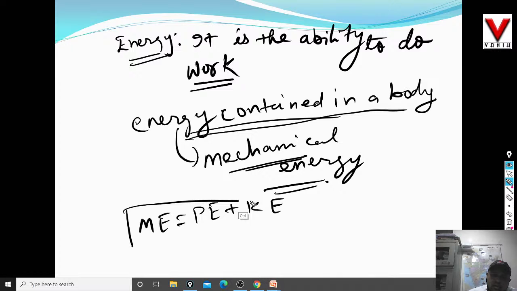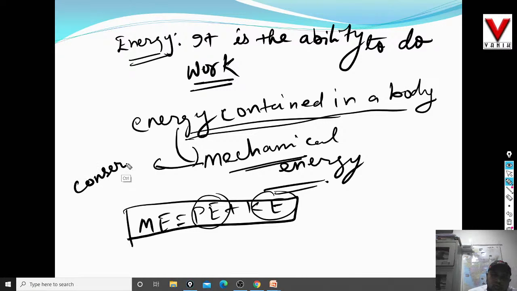Mechanical energy is a sum of potential energy and kinetic energy. Let us understand one by one. But before that, always remember that mechanical energy of a body or a system is always conserved.